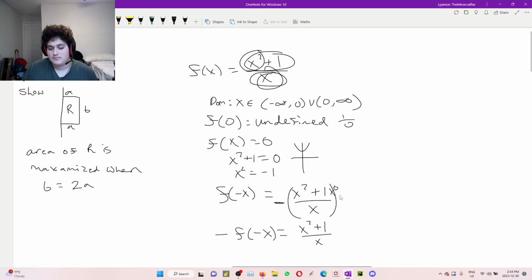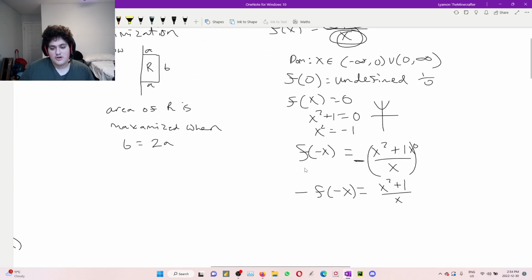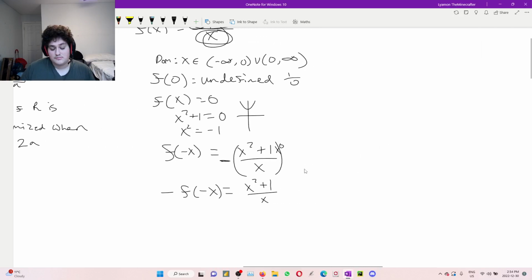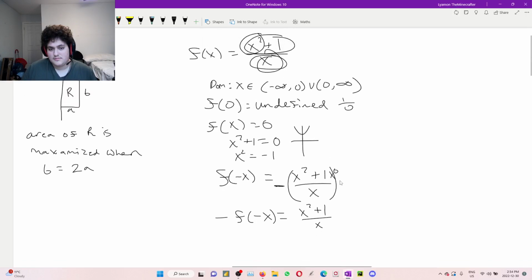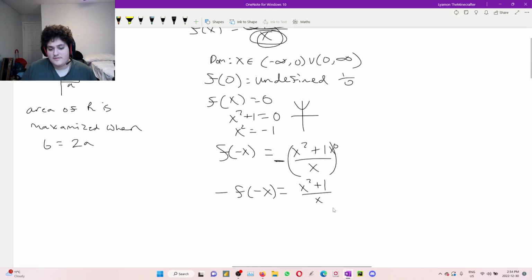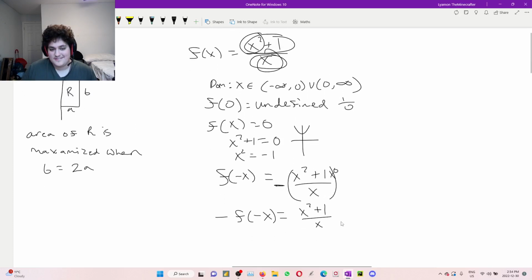Really? It looks like our function is odd. Looks like it. Okay, I guess we have an odd function. Cool.